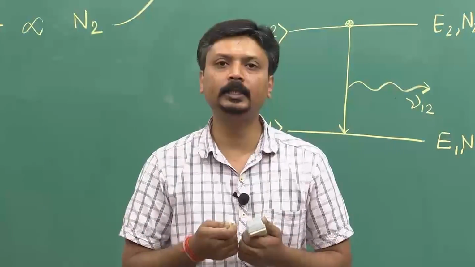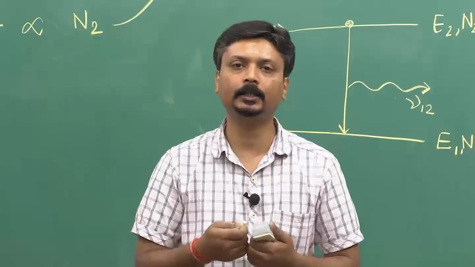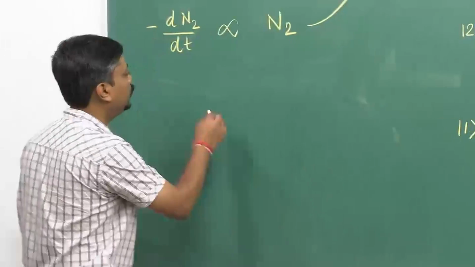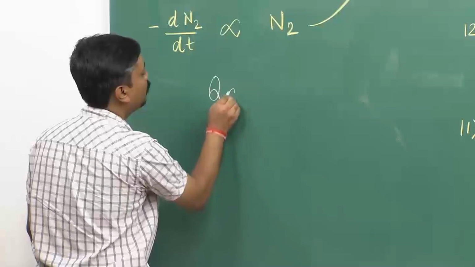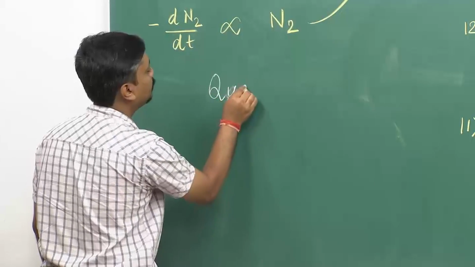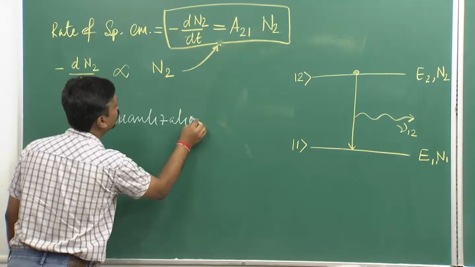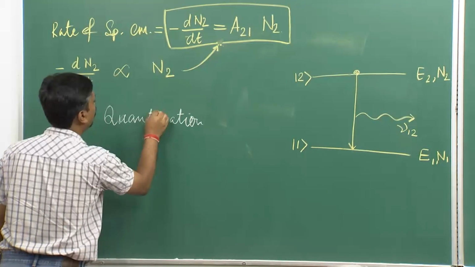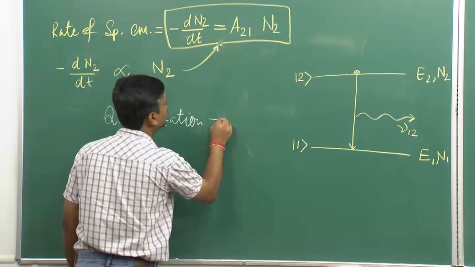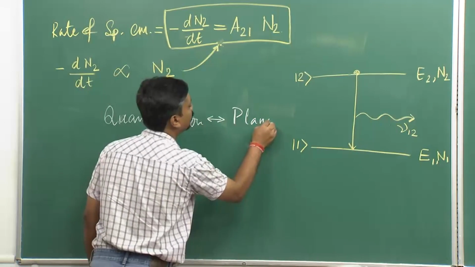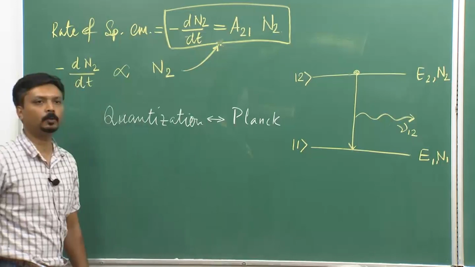So he proposed this discretization of optical transition, and he proposed the transition to be quantized. So quantization of optical transition came from Planck's work, Max Planck's work.